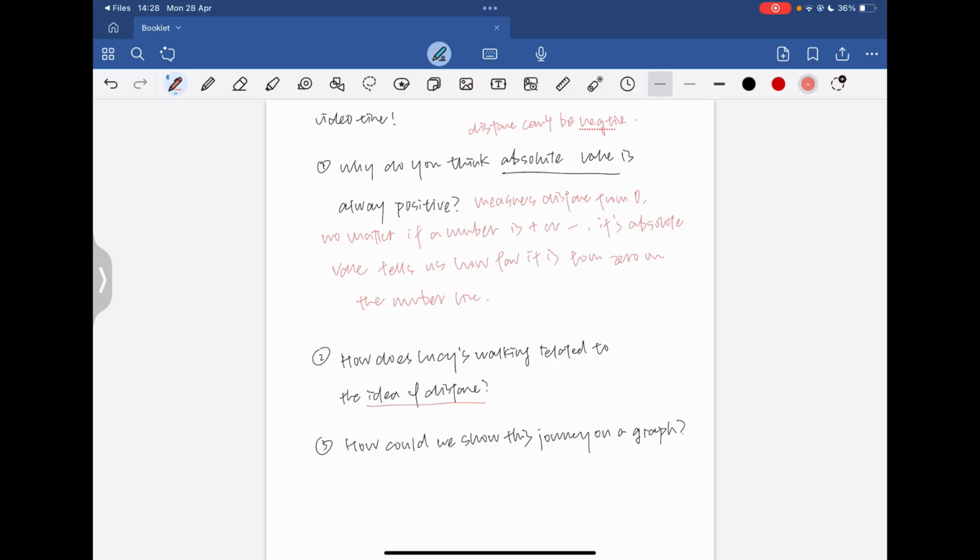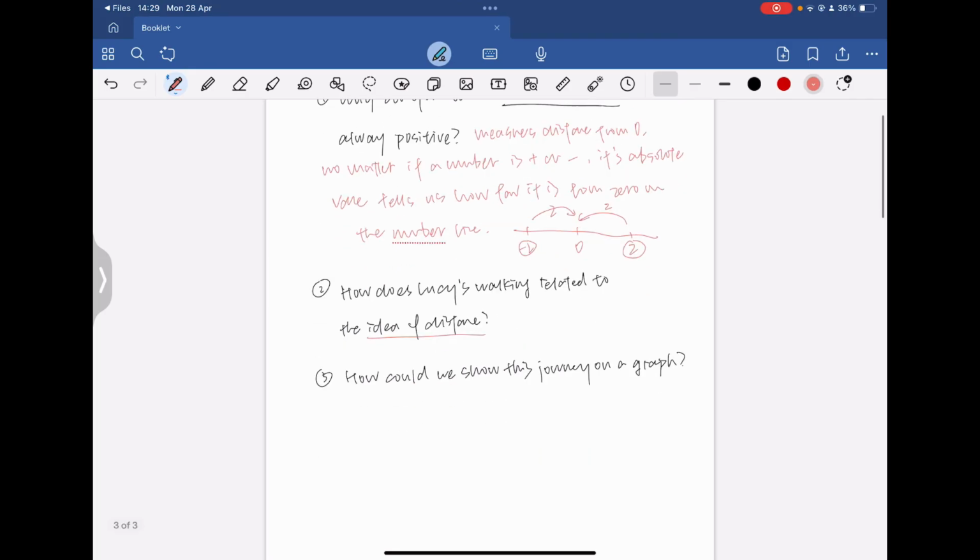For example, if we have a 2 and a negative 2 on the number line, the number 2 to the number 0 is 2 distance, and the number negative 2 to 0 is also 2 distance, which is the absolute value. Now, let's continue on to the second question.